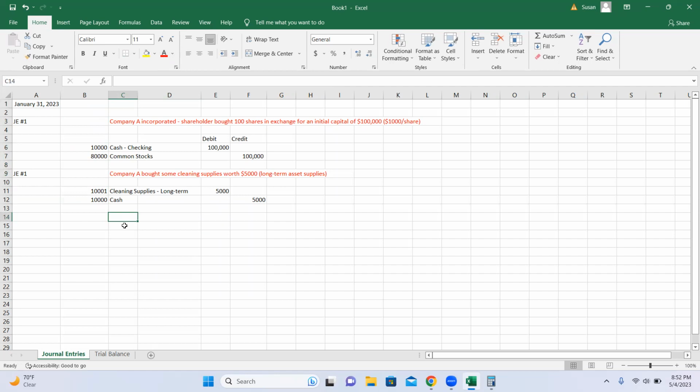Let's just say that they had their first business service provided to some customers, and they have made $500. So first cleaning service provided, and so in this case, and let's say they got the cash up front just to keep it simple.